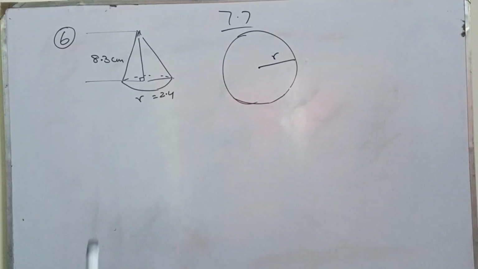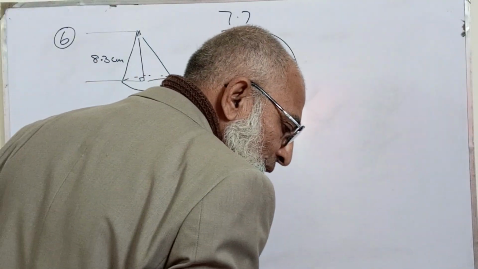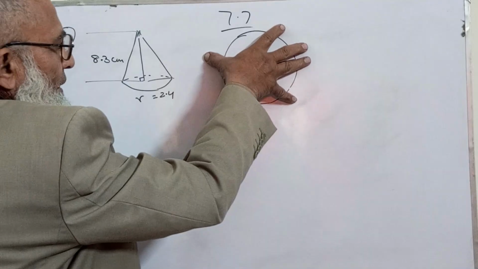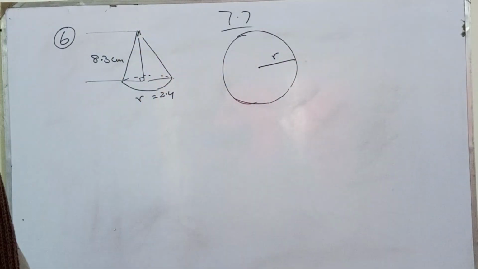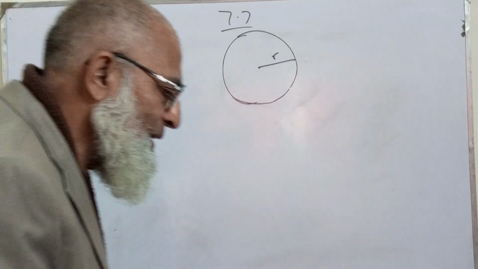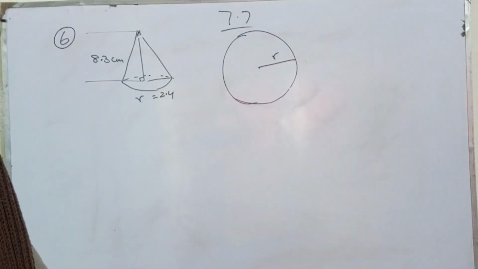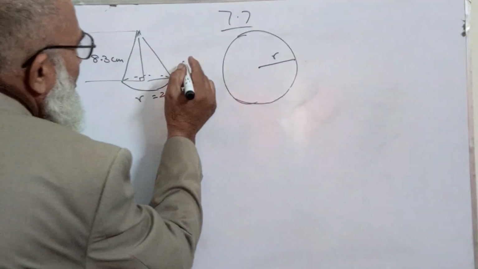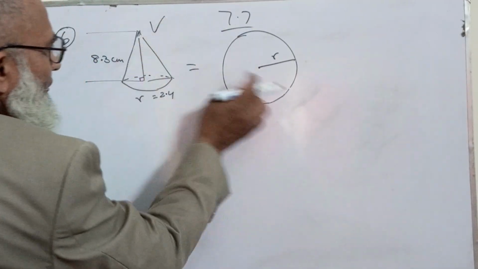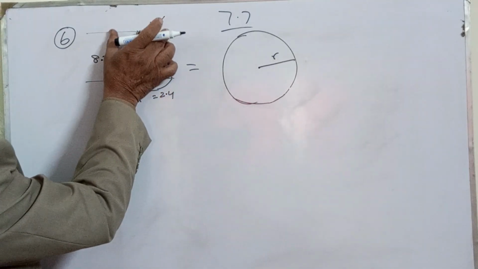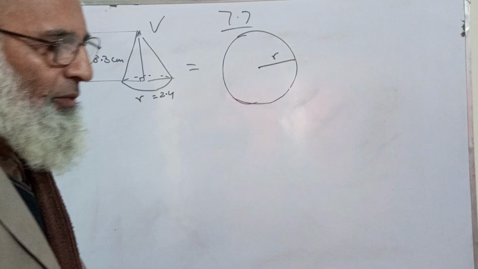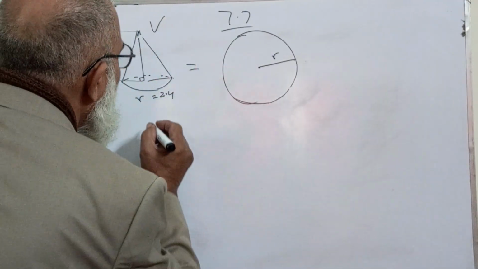Now, what does the question say? The sphere and cone shown in the diagram have the same volume. It is very easy. We have to find the radius of the sphere. So as far as volume is concerned, V of this is equal to V of this. Now we'll write the respective formula for each.